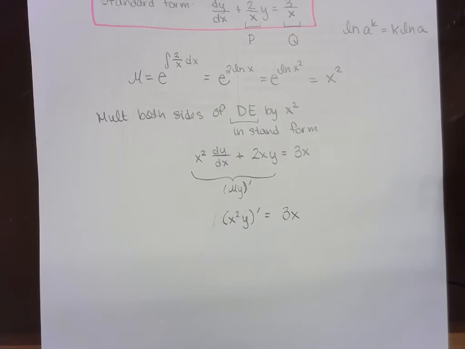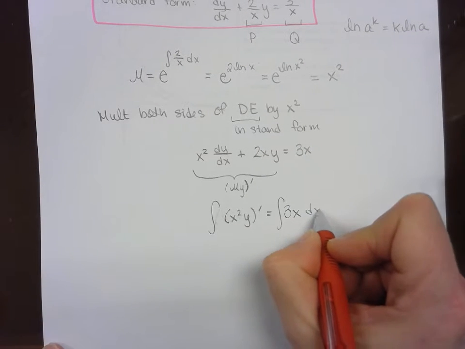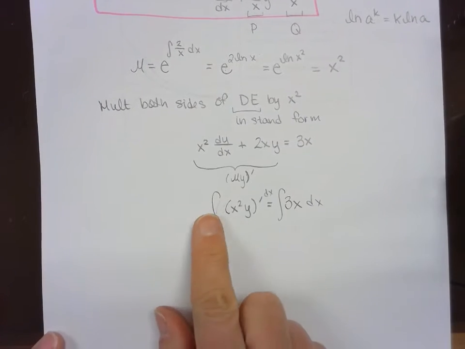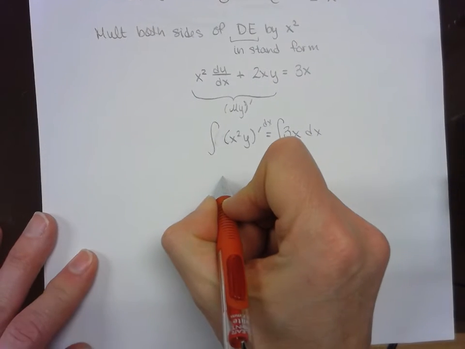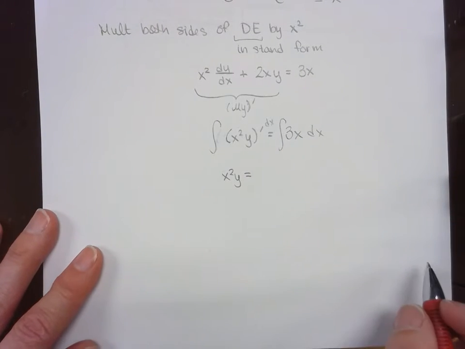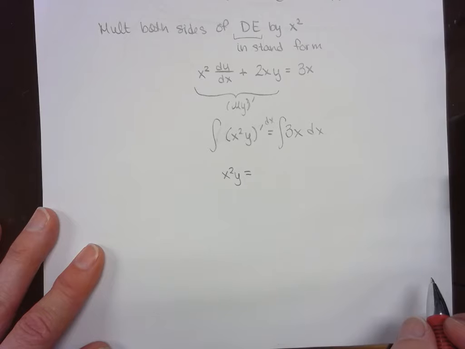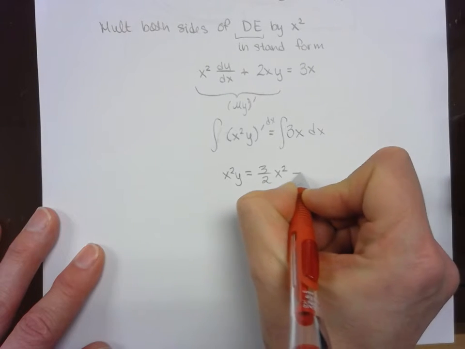Remember, we want to solve for y, but that y is part of a derivative, so all we have to do is integrate both sides. So we're going to take the antiderivative of both sides. What about the antiderivative of a derivative? Yeah, so we just get x squared y equals, and then the antiderivative of 3x, three over 2 x squared, and then we'll put our plus c here.